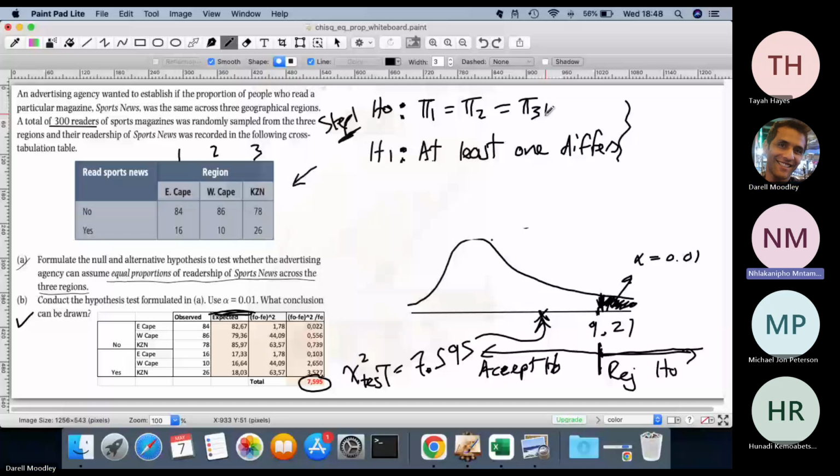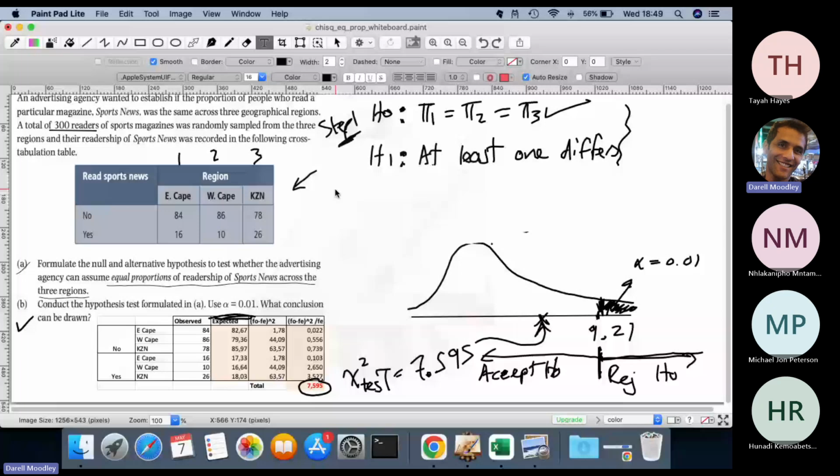Step 5. All right, I'll write the statement out. We always say what significance level we're dealing with. So step 5, we would say at a 1% level, because your alpha is 0.01.